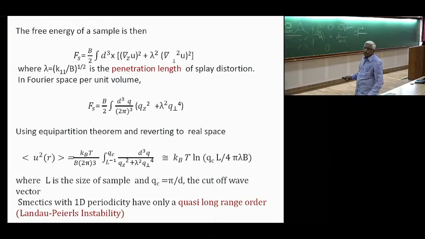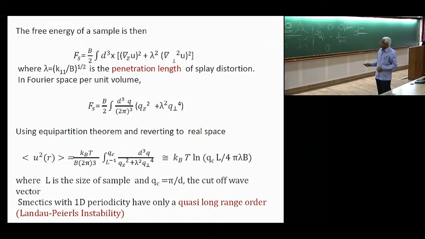The statistical average of u squared is kBT logarithm, note that logarithm, of qc, where qc is the cutoff wave vector, again molecular dimensions, times L, which is the thickness of your sample, divided by 4π λ B. Lambda is that penetration length, B is the Young's modulus that I defined.